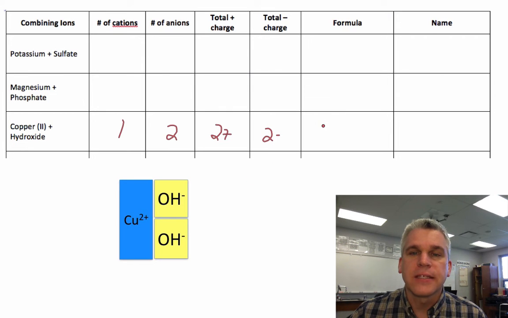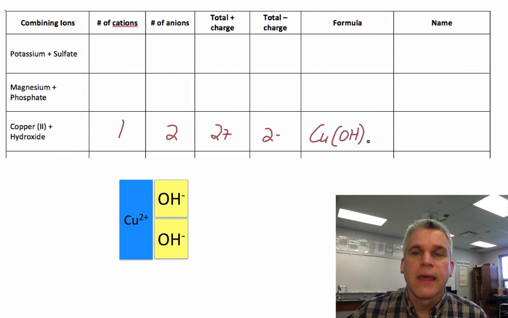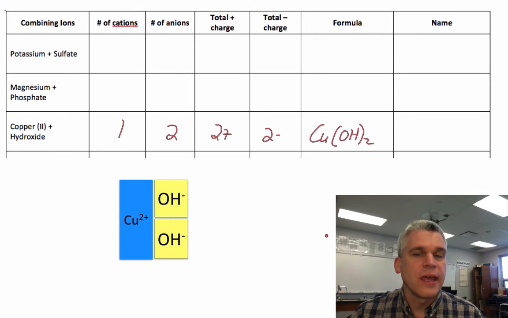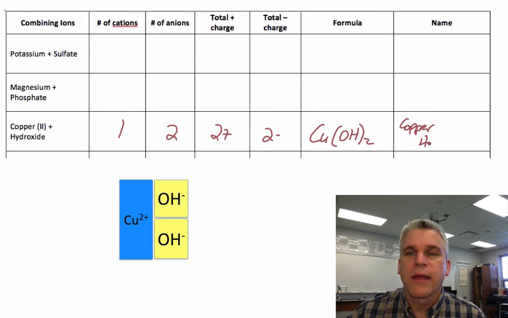I would write this as Cu. Now I have these 2 hydroxides. So remember, I got to put that in parentheses then. And on the outside of that, I'm going to show that I have 2. And then I will simply name it. This is copper hydroxide. Don't have to change a thing.